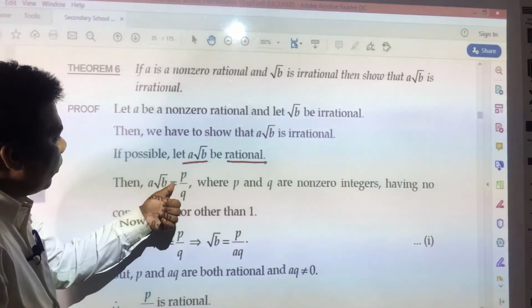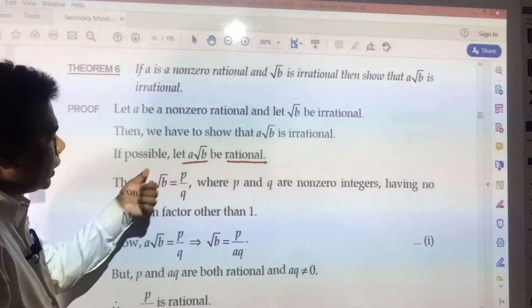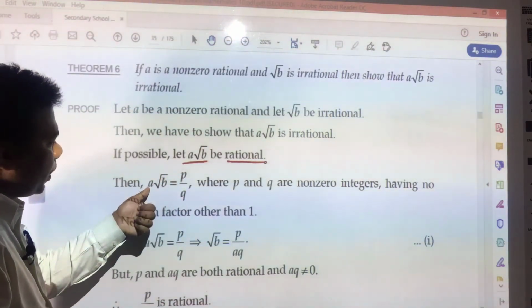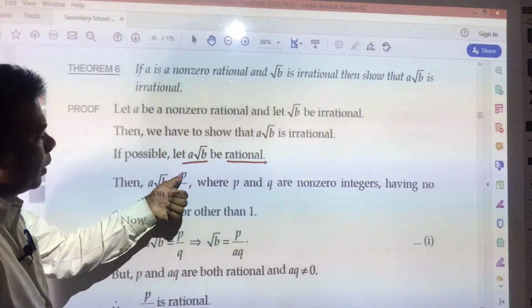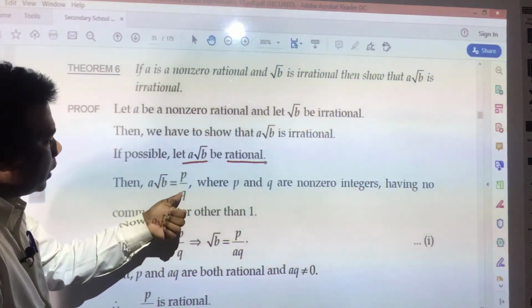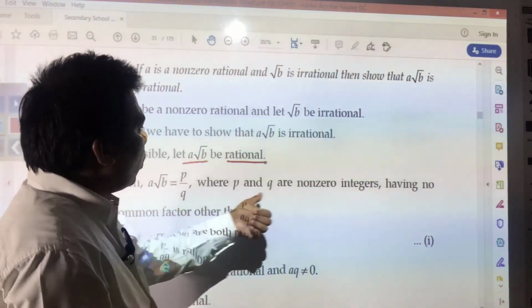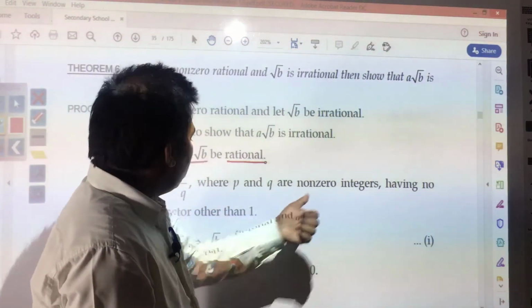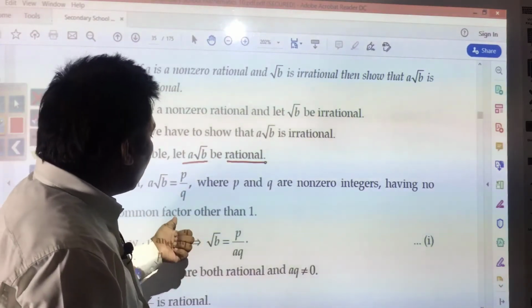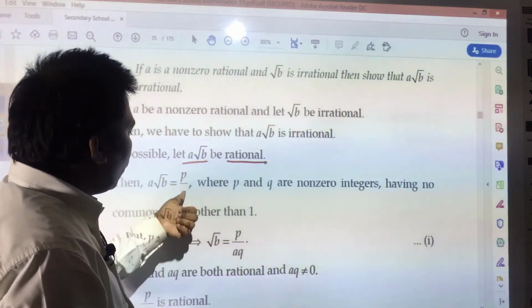Then A root b, if this is a rational number, can be expressed in the form of p by q, where p and q are integers and q is not equal to 0, and p and q are non-zero and have no common factor, which means they are co-primes.